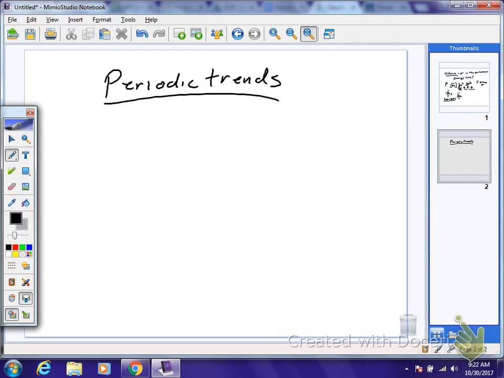Yes, Andrew? The first group is plus 2, plus 8. Right, they're going to add protons at a rate of 2, 8, 8, 18, 18, 32, right? So the group trend is specific, and you can make a prediction of what the next element in a group is going to be based upon the trends that happen on all the numbers.